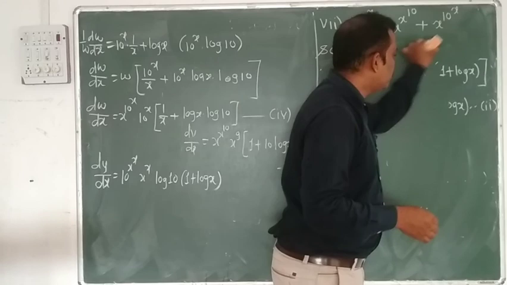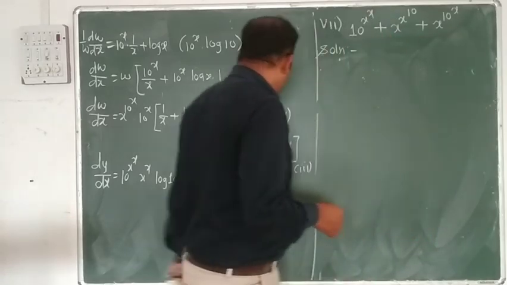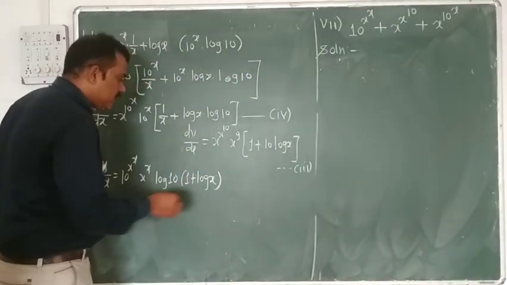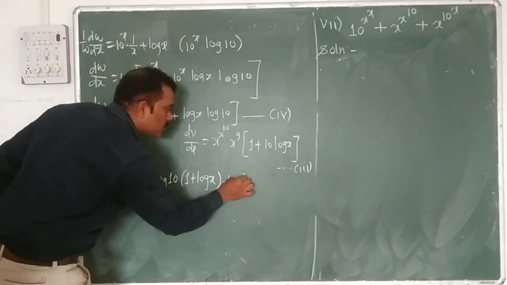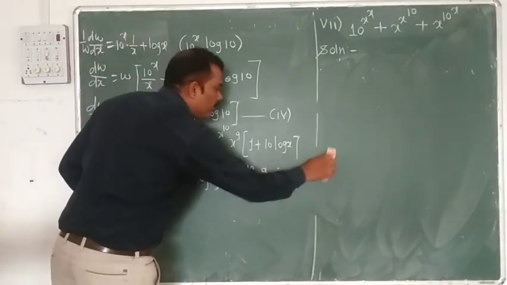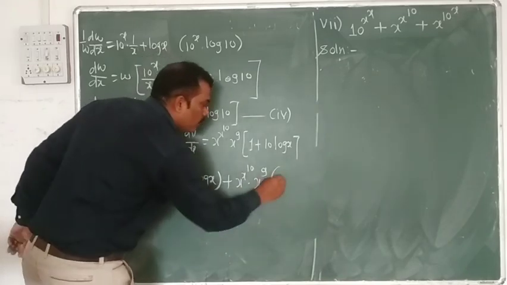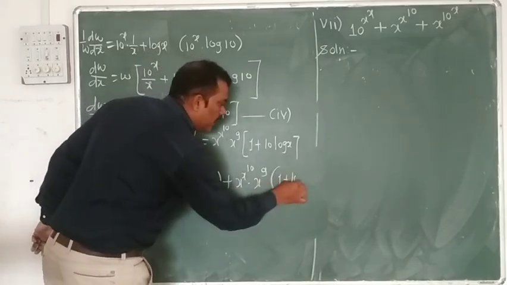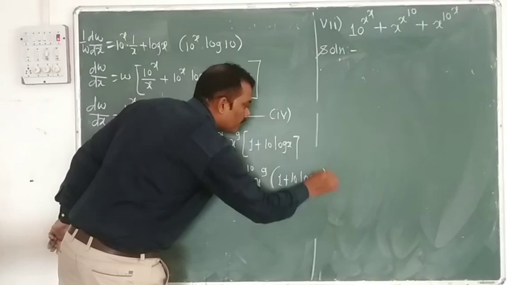Now we have to substitute the value of dv by dx. Here dv by dx is plus x raised to 10 into x raised to 9 into bracket 1 plus 10 times log of x.